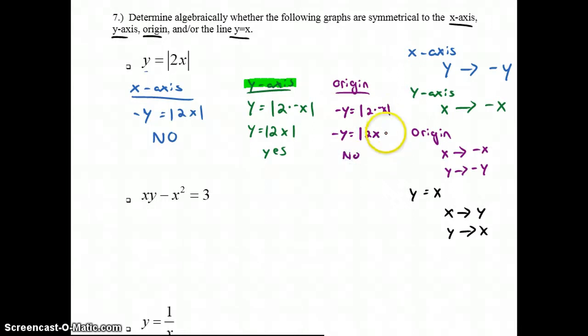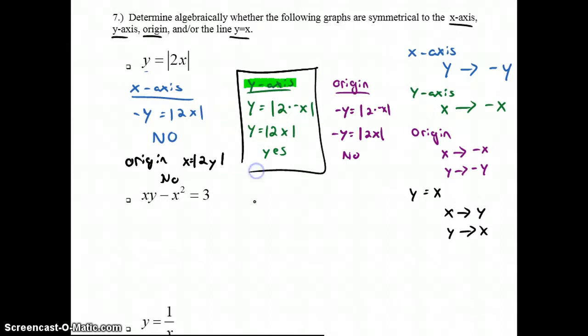No, not the same thing. And finally, the line y equals x. Is this the same thing as x equals the absolute value of 2y? Nope, does not work. So this one only has symmetry about the y-axis.